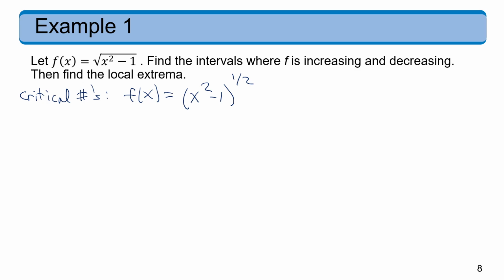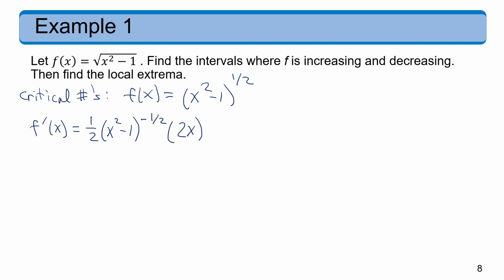Now let's take the derivative. This will be a chain rule problem. The outer function is the 1/2 power function, so we start with that derivative using the power rule. Bring the 1/2 down in front. Reduce the power by 1, so 1/2 minus 1 is negative 1/2. And then we multiply by the derivative of the inside part, which is 2x.